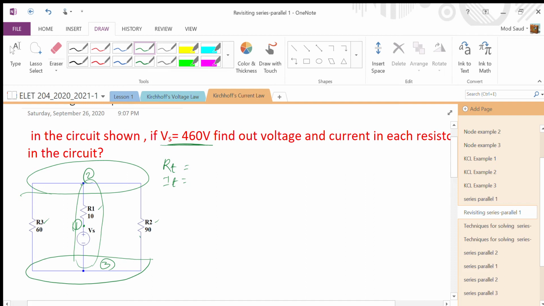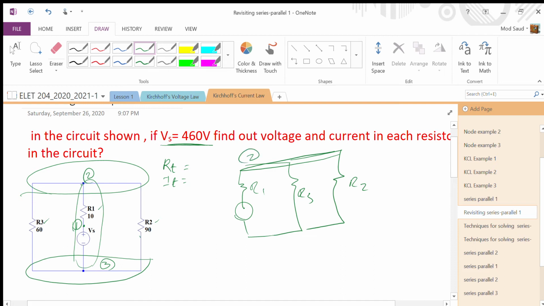So if I want to redraw this circuit, R1, voltage source, and then we have R3 here and R2 here. If you label again, this is node number 2, this is node number 3, and this is node number 1.